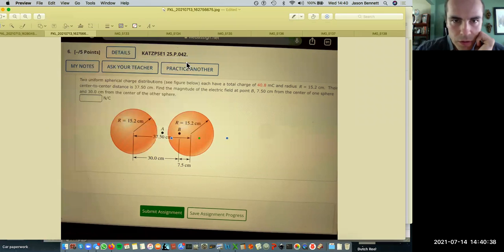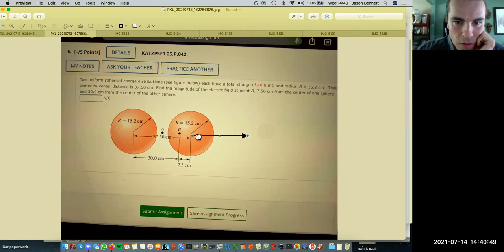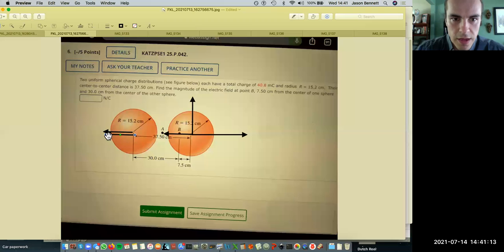Black, yes. If I draw an electric field away from all of these, because the sphere is positive, all the electric fields look like this. And in particular, in this direction, it looks like this. However, if I draw the electric field from the other sphere, it also looks like that. And those two arrows are in opposite directions of each other.